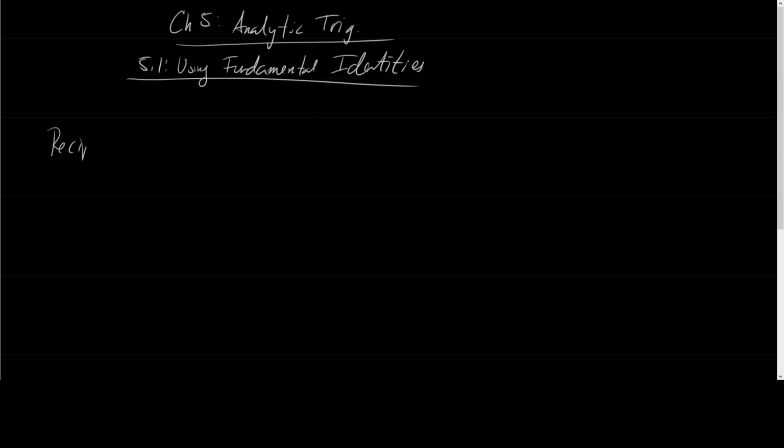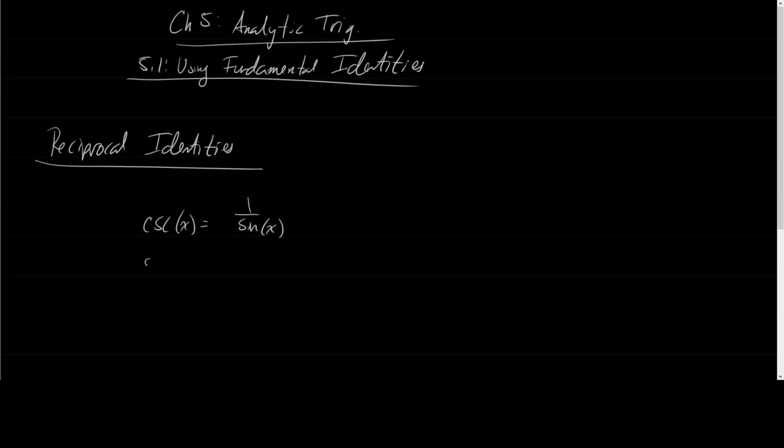So the reciprocal identities. Now, the reciprocal identities are things like, well, cosecant is 1 over sine, secant is 1 over cosine, and cotangent is 1 over tangent.